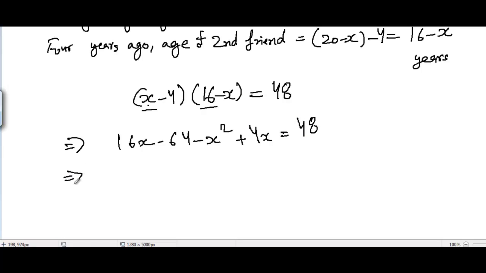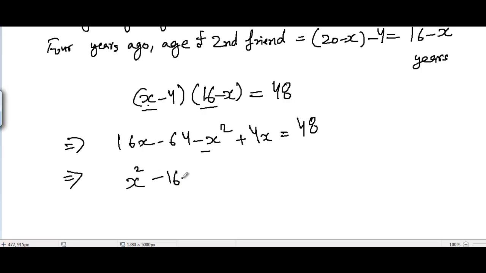Now I just need to shuffle terms. I can take all these terms to the right hand side, so minus x squared would go to the other side and become plus x squared, and this 4x and 16x would also go to the other side.